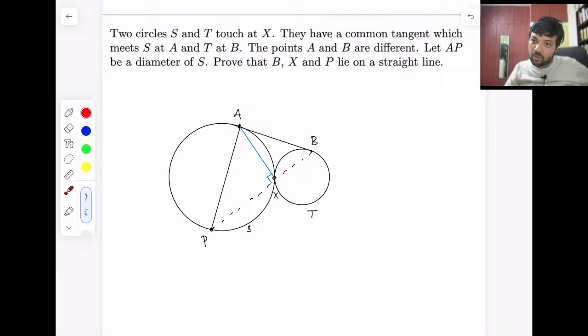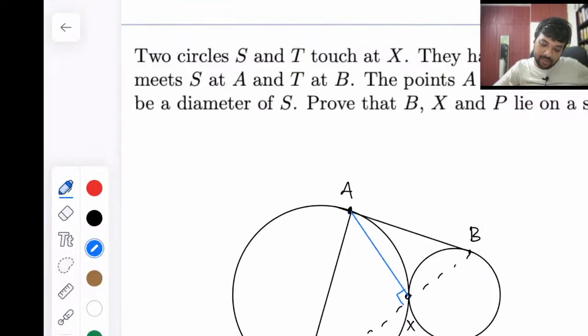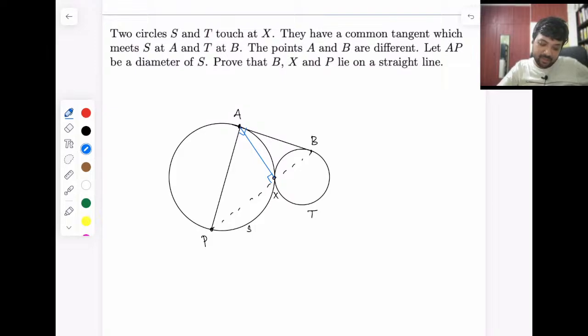So the bigger triangle is right angled. The bigger triangle is also right angled. I see, that's correct. We are done, right? The solution notes that this is a diameter and this is a tangent, so therefore they are 90. So the proof is over, right?